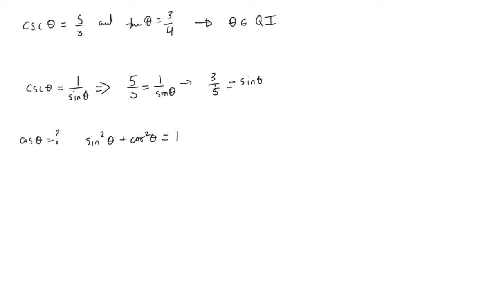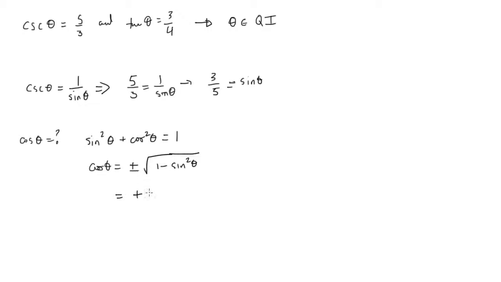We also happen to know sine theta because we've already figured it out, and so we can solve this equation for cos theta. Cos theta is, strictly speaking, plus or minus this, but in our case, it's only going to be one of them. It never actually is both plus and minus simultaneously. It's just that in some cases it's plus, in other cases it's minus.